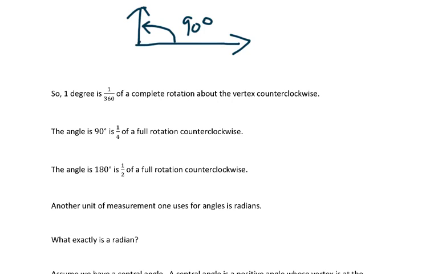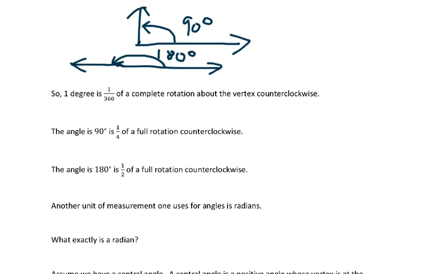That's 1/4 of a full rotation counterclockwise. 180 degrees, let me see if I could draw it under here. That is where you do half of a full rotation in a counterclockwise direction. So this angle here, let me see if I can fit it here, is 180 degrees. And again, this is counterclockwise.